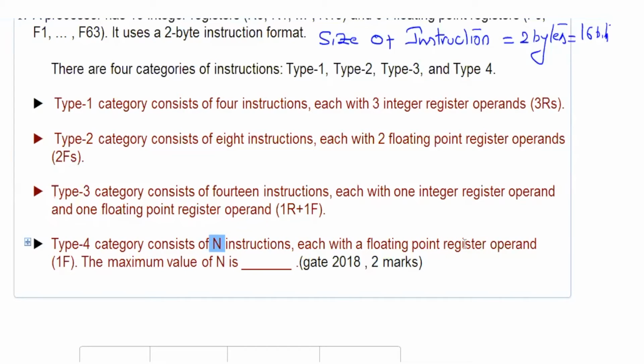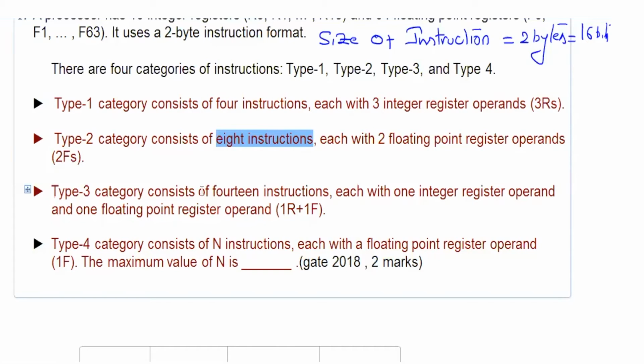Now let us look at all these types of instructions again. Type 1: 4 instructions, with 3 integer register operands in addition to the opcode. Type 2: 8 instructions, with 2 floating point register operands in addition to the opcode.